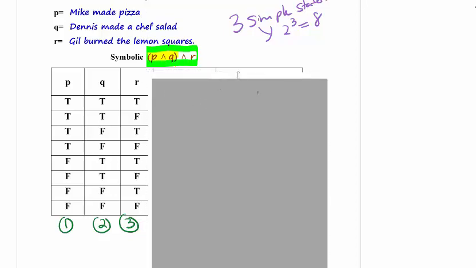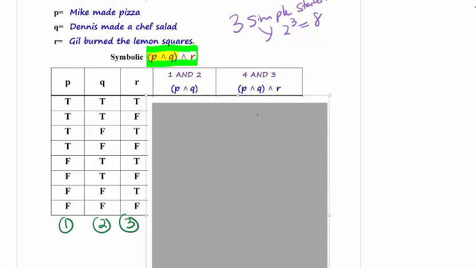Not required, but I recommend it. P and Q is looking at column 1 and 2. So it's easier, I think, to look at that and say, okay, what is my rule? And means both have to be true. So you're going to finish that column.